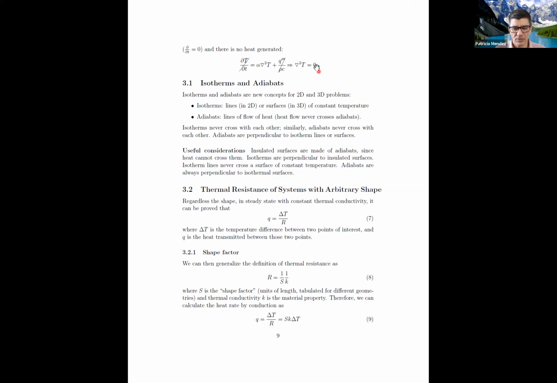It looks so simple, and it is the equation for pretty much absolutely everything that is steady state, no heat generation, and thermal conductivity more or less constant. Whether we're talking about walls or cylinders or spheres or Mickey Mouse, this equation is universal.